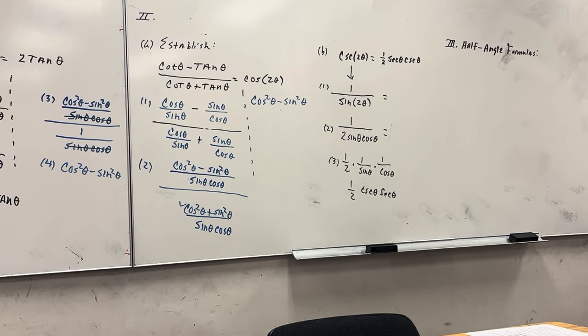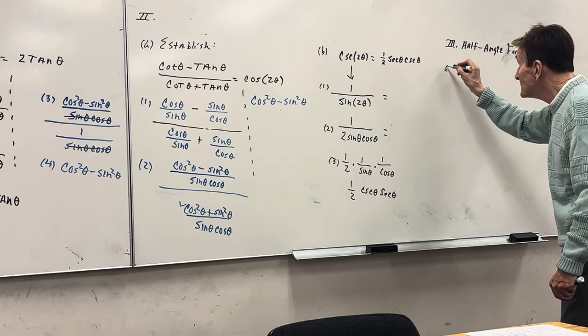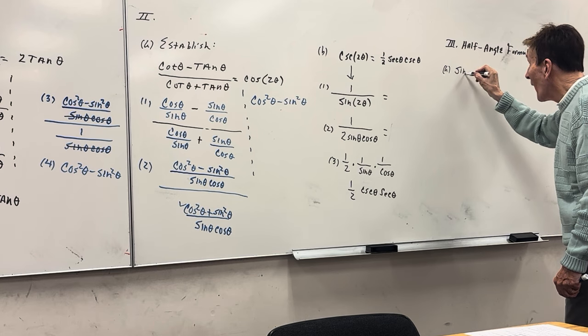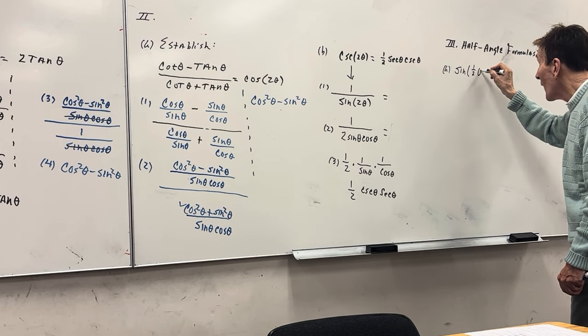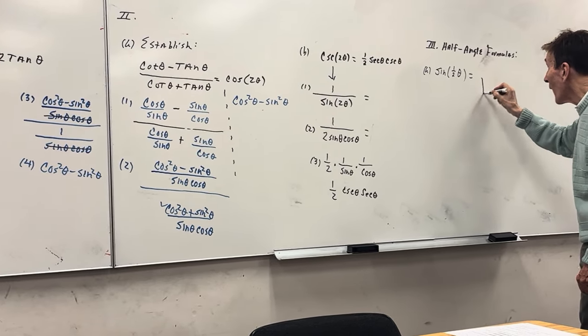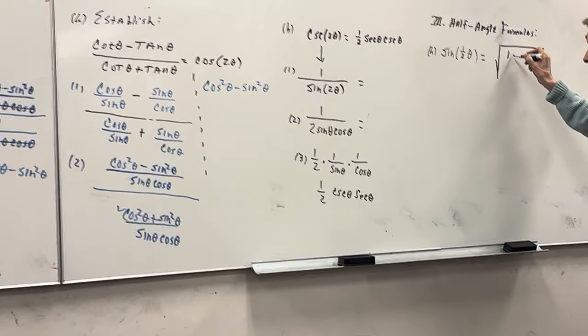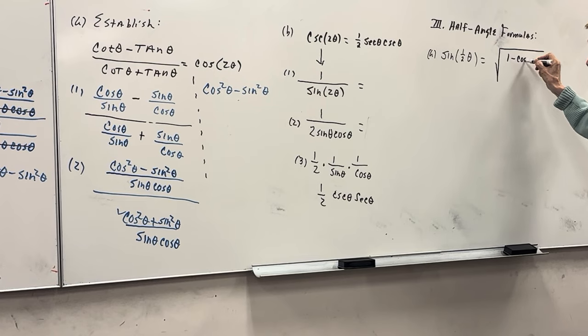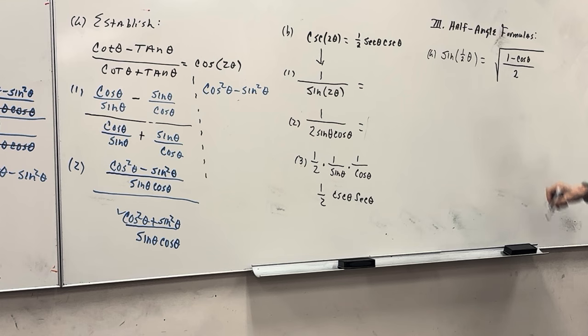What's the first one? Sine 1/2 theta equals the square root of 1 minus cosine theta over 2, and all that's underneath the large square root. Did I put plus minus in front?